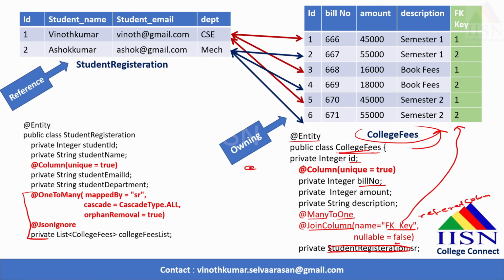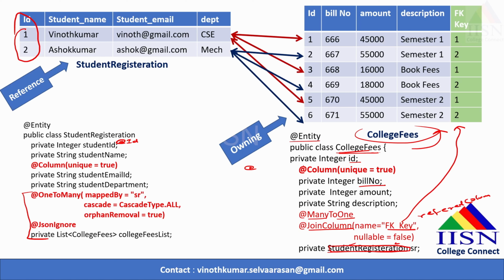So it relates this particular column name to this college fees. It automatically takes the field in the student registration that we are using @Id, the primary key, as the referenced column name.